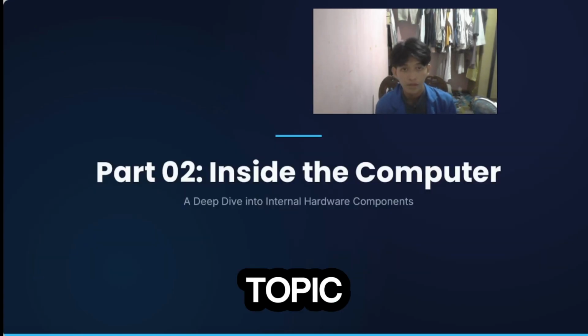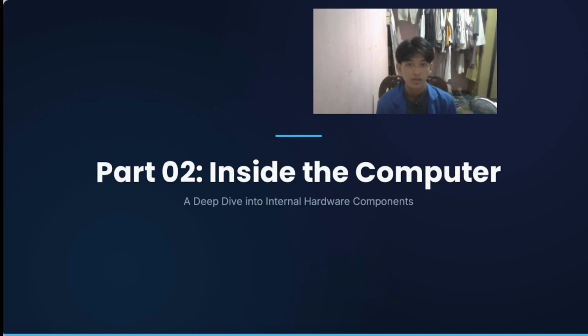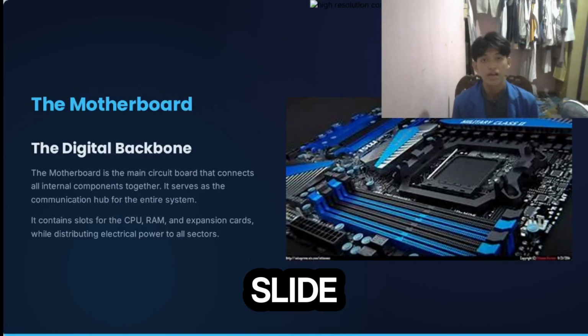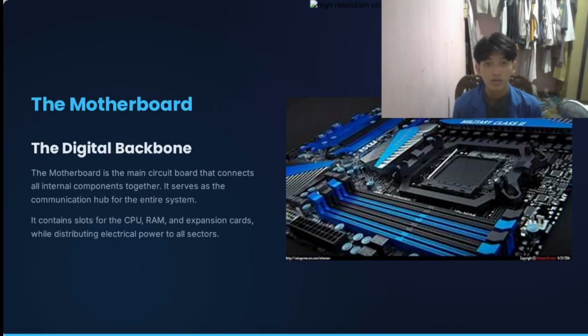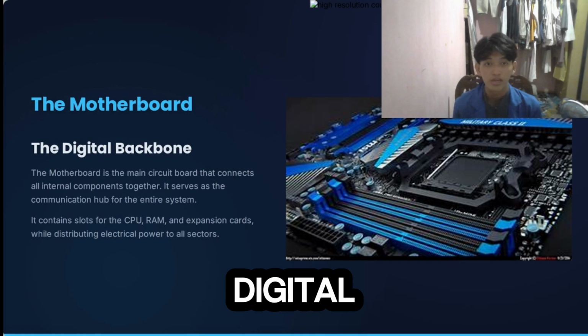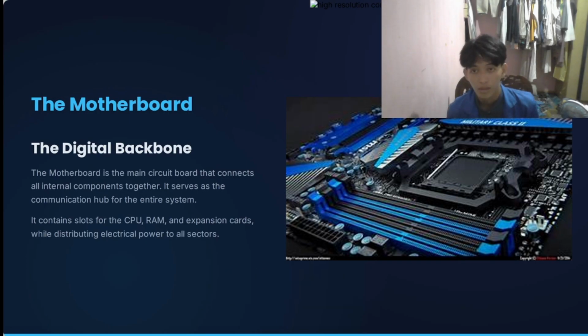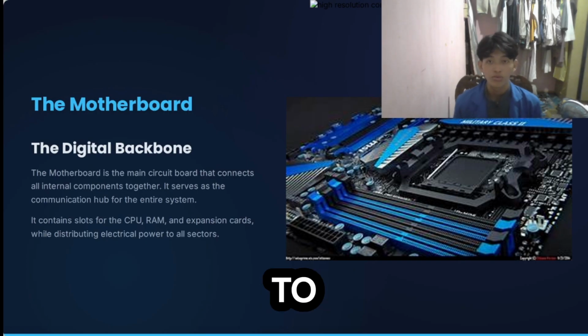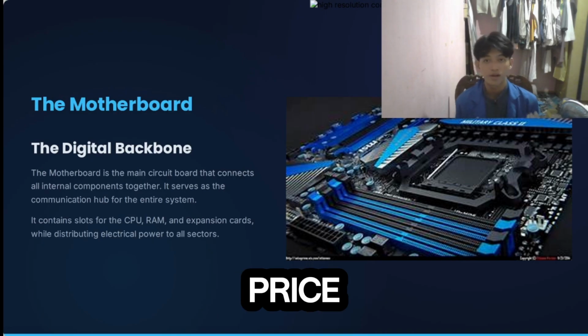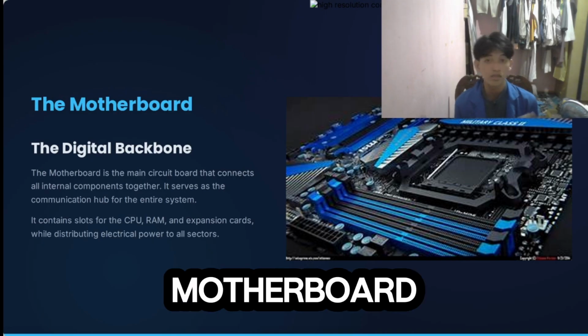Part 2, inside the computer. Next slide, the motherboard, the digital backbone. Moving on to the internals, first we have the motherboard.